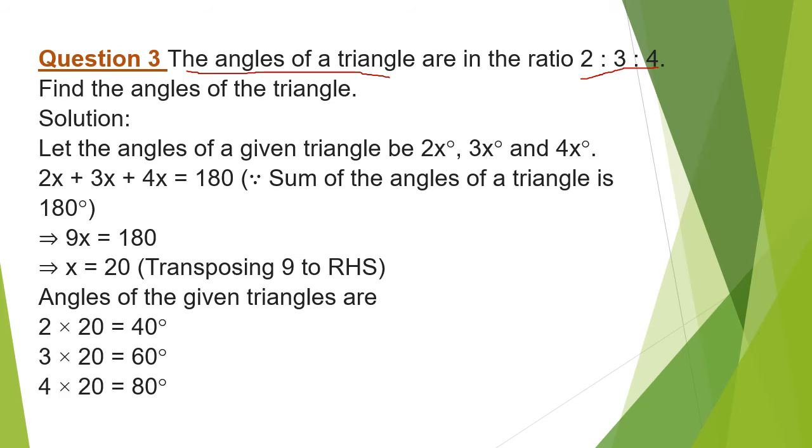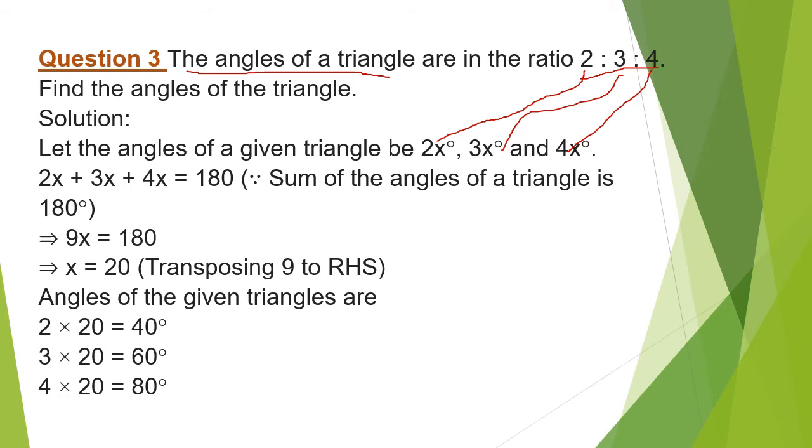So as I said, we consider the common ratio of the angles as x, so that the angles of the given triangle are 2x, 3x and 4x. How is it obtained? Did you understand, children? Here 2 is there, so 2 and common ratio x, 2 into x, 2x; 3 into common ratio x, 3x; 4 into x, 4x. So let us consider the angles of the triangle as 2x, 3x and 4x.